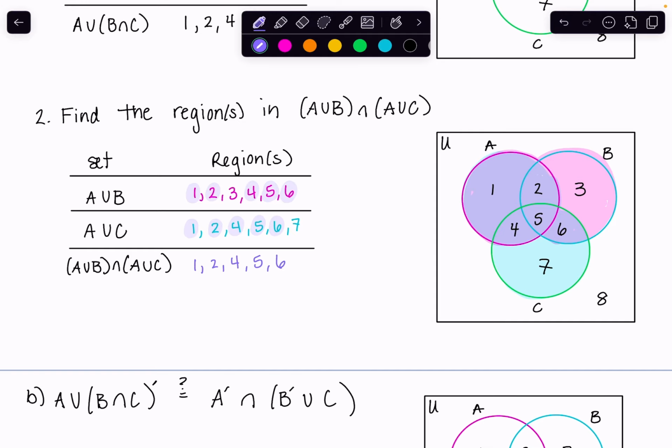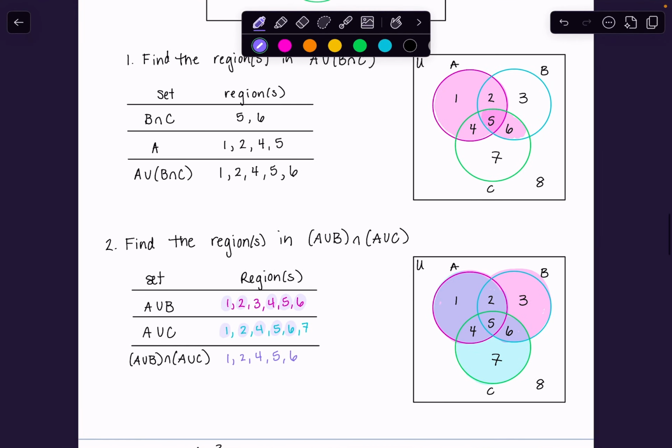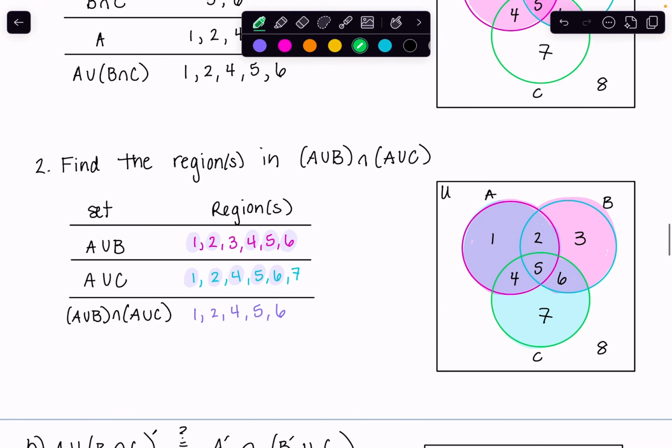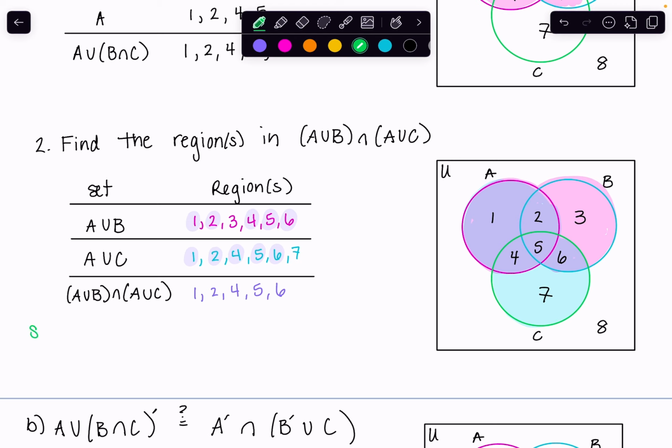Okay? So in the very end, these two sets end up being exactly the same regions. So because that happened, we can say these sets are going to be equal to each other. Okay? So since each set represents the same region, these are equal.